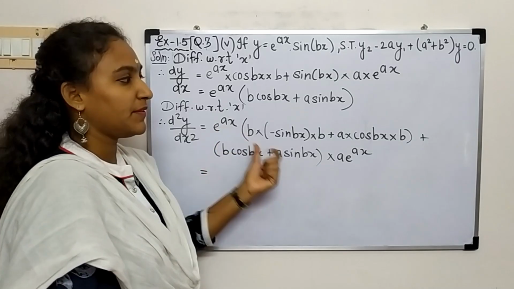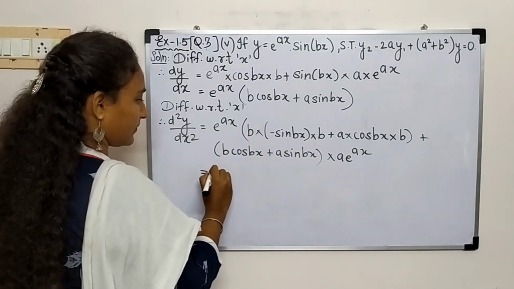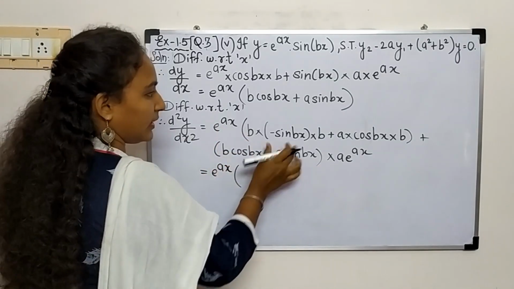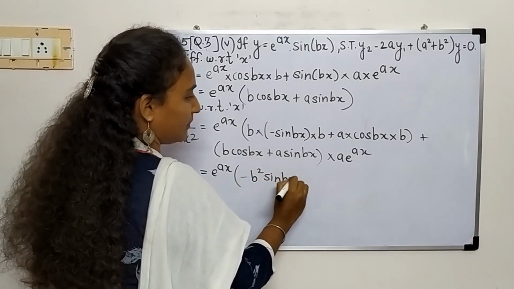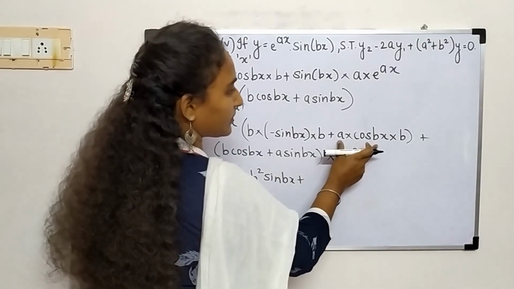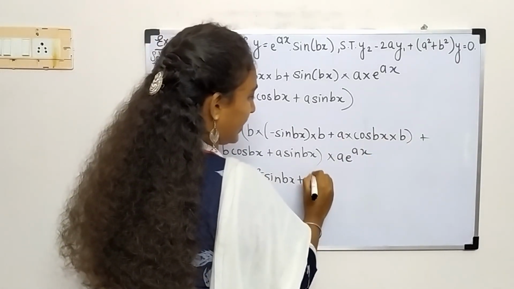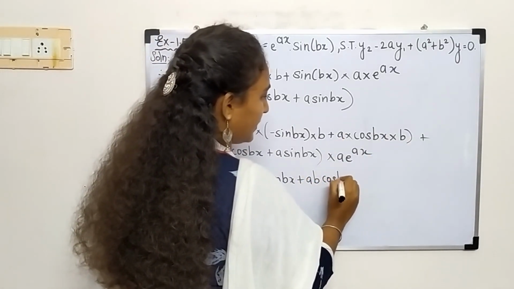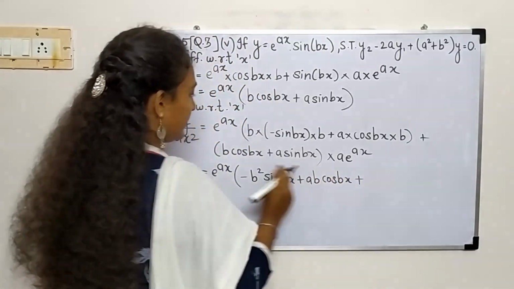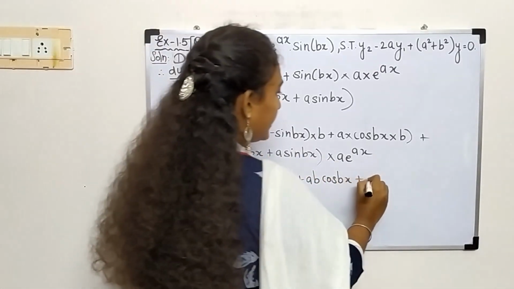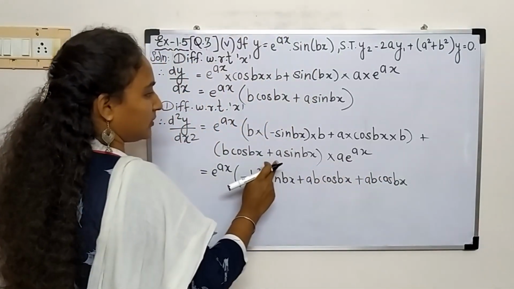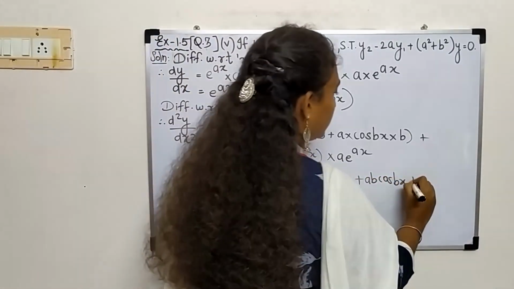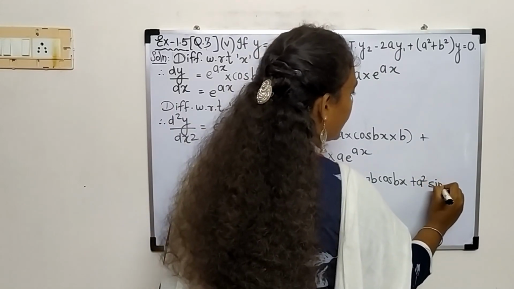So we can take e power ax common from both the terms, and this will become minus b square sin bx, and this is ab cos bx, and this is ab cos bx, and this is a square sin bx.